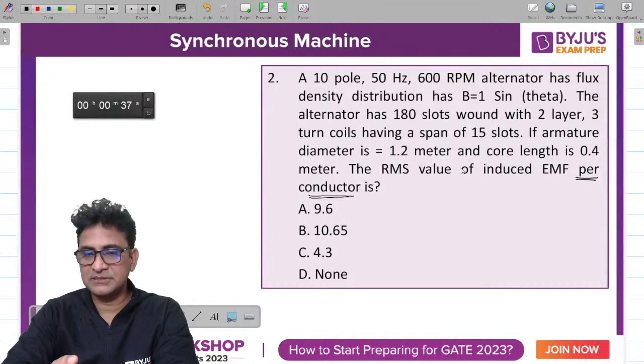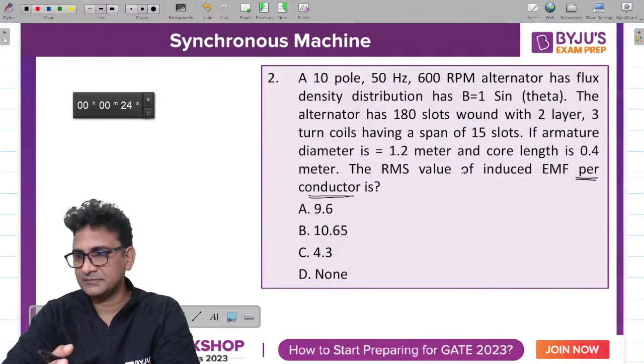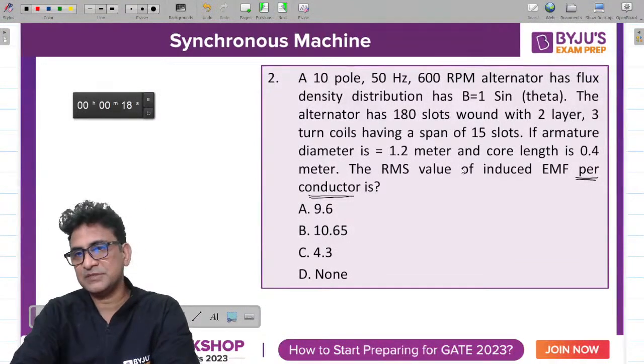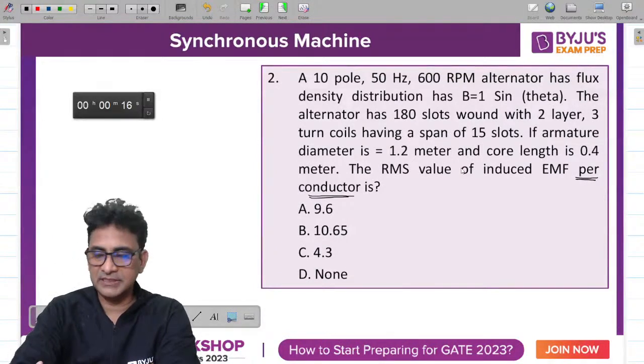What about the others? What is the induced EMF per conductor? The formula of induced EMF per conductor is applicable everywhere, whether it is a synchronous generator or a DC generator.